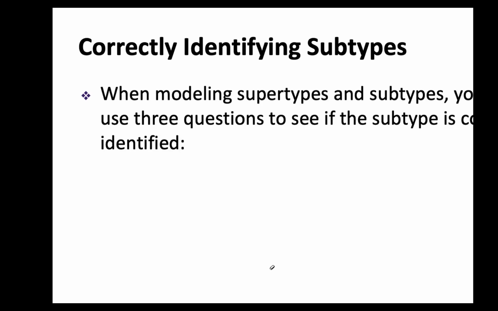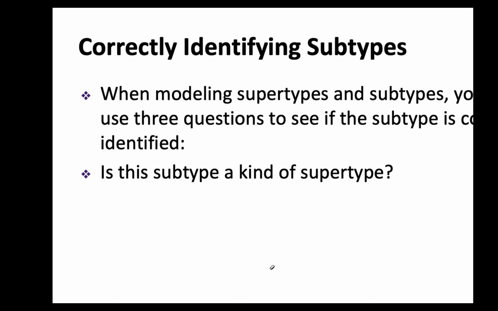So, correctly identifying subtypes. When modeling supertypes and subtypes, you can use three questions to see if the subtype is correctly identified. Is this subtype a kind of supertype? This is very important, right? Like for a student, undergraduate student or postgraduate student, it's a kind of category, a type of student. You cannot make a supertype in which you are adding student and cars, because they are not of the same kind, okay?